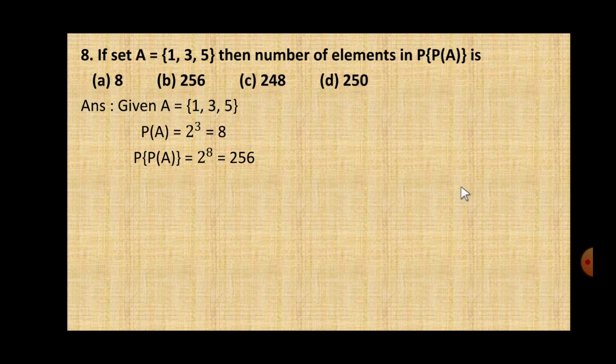Your given set is P of A, so the total number of elements is 8. So the formula is 2 raised to 8, which is 256. So option B is the correct answer.